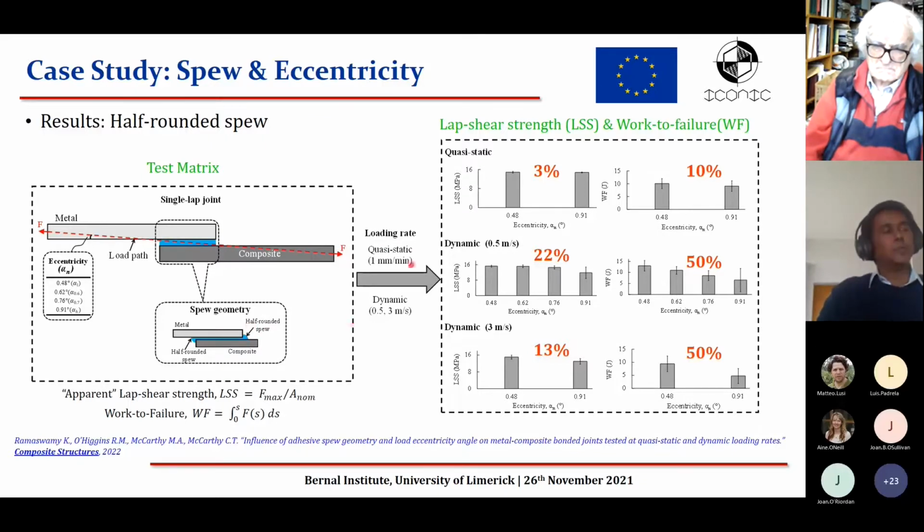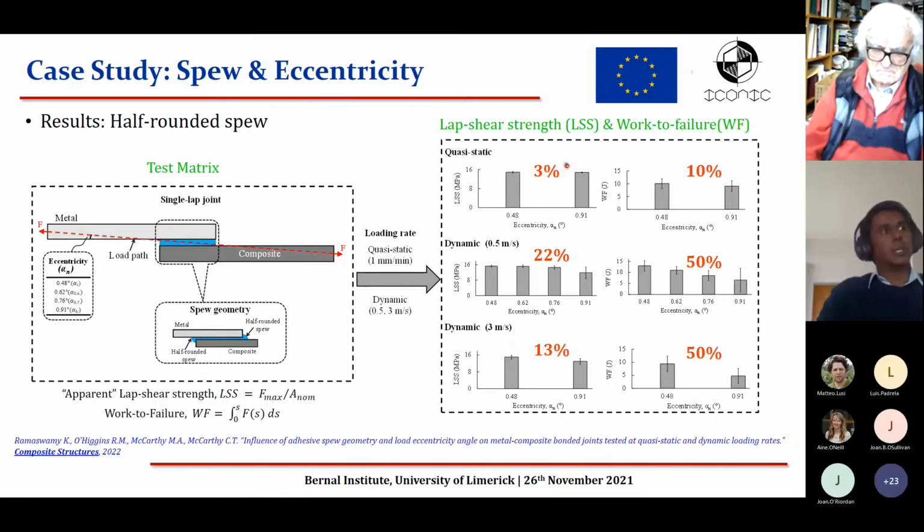As we saw in the first slide, these joints are supposed to be used in crashworthy structures, so we need testing at quasi-static in-service loading rates and dynamic crash loading rates. Lap shear strength and energy absorption, also called work to failure, are two major parameters used to quantify the mechanical performance of a joint.